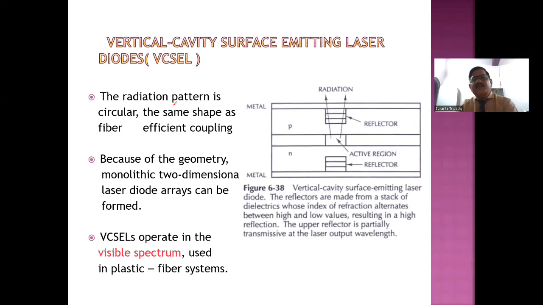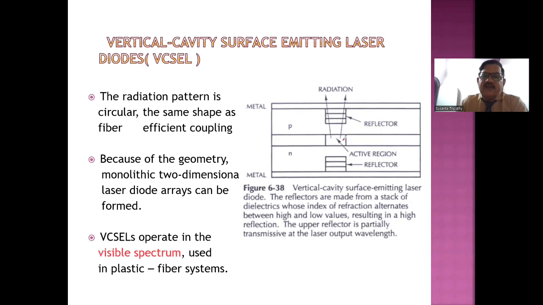So these are other configurations of laser diode. We will just mention them but not go into detail. This is called the vertical cavity surface emitting laser diode, where a cavity is formed between the upper surface and the lower surface by using some grating-like structures as reflectors.